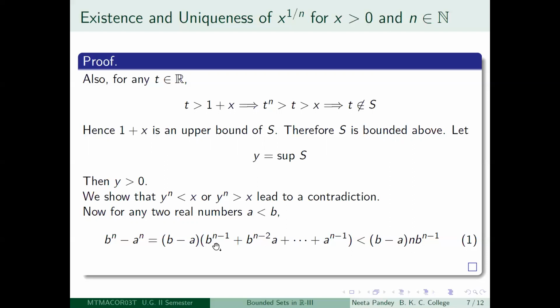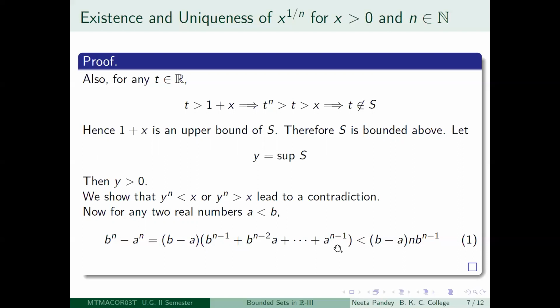So if you replace a by b, you will get b to the power n minus 2 into b, so again you will get b to the power n minus 1. Similarly, for b to the power n minus 2 a square, if you replace a by b, you will get b to the power n minus 1, and so on. So each of these terms will become b to the power n minus 1 if you replace a by b.